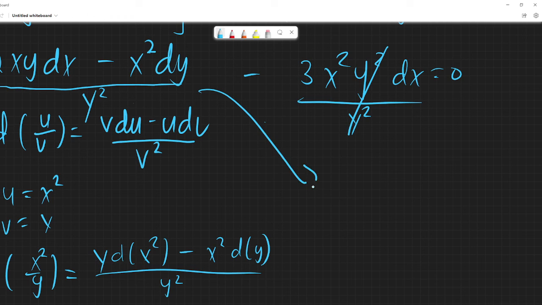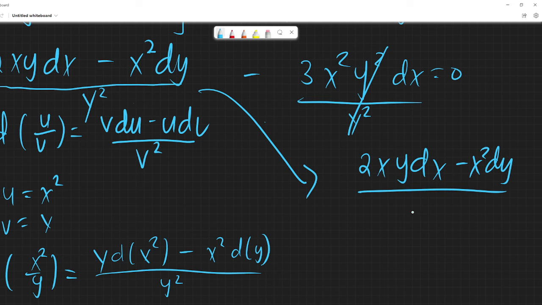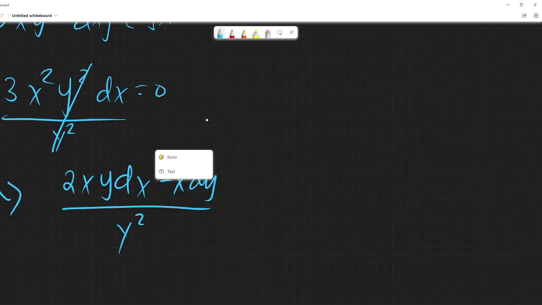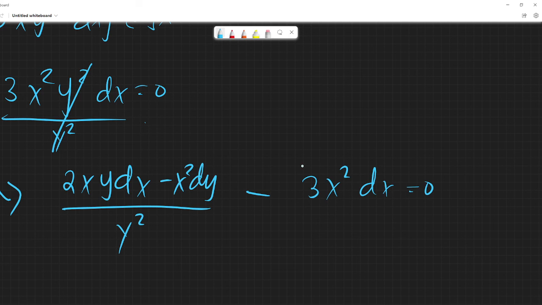So this term will be 2xy dx minus x squared dy all over y squared. And this term will be 3x squared dx equals 0.